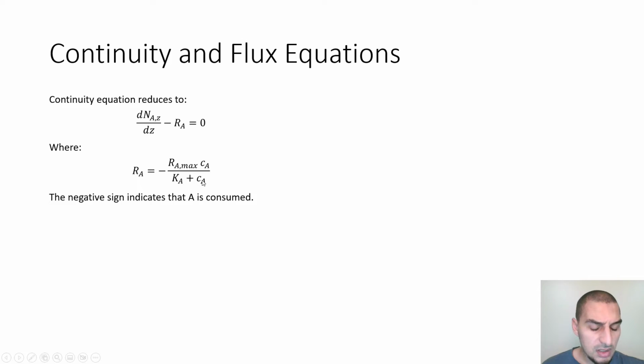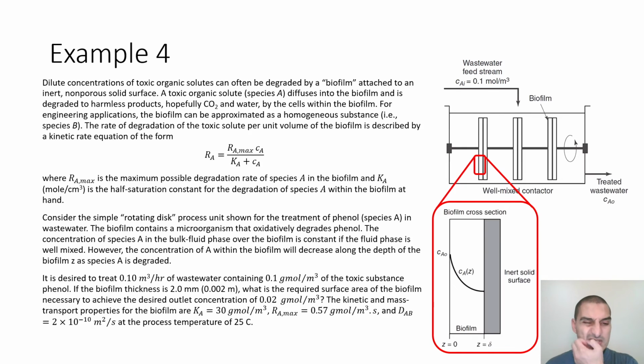There is one piece of information here that is important and is kind of different from the textbook, and I changed it on purpose actually, which is the value of K_A. So we know that K_A is 30 gram moles per meter cube, and C_A is 0.02 gram moles per meter cube. One thing we're going to mention in a few seconds is that the value of K_A is much bigger than the value of C_A.